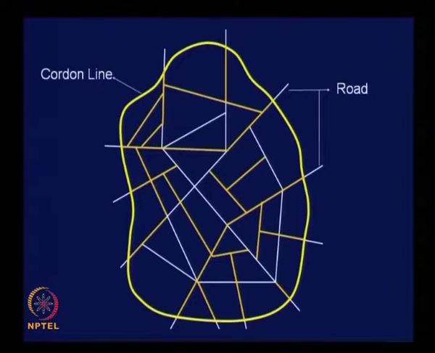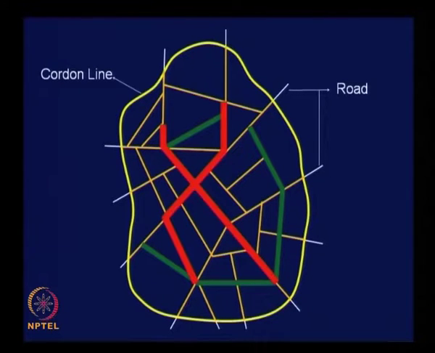Let us say some links are loaded to this extent, some relatively lesser volume of traffic, another set of links may be loaded heavily, shown in green color, and some more sets might be very heavily loaded like this. This is the kind of scenario you will be getting after completion of the exercise for the horizon year condition. You can get this scenario by adopting the all or nothing assignment technique without putting any constraint on capacity; only then will you be able to get this scenario, the total volume along shortest paths.